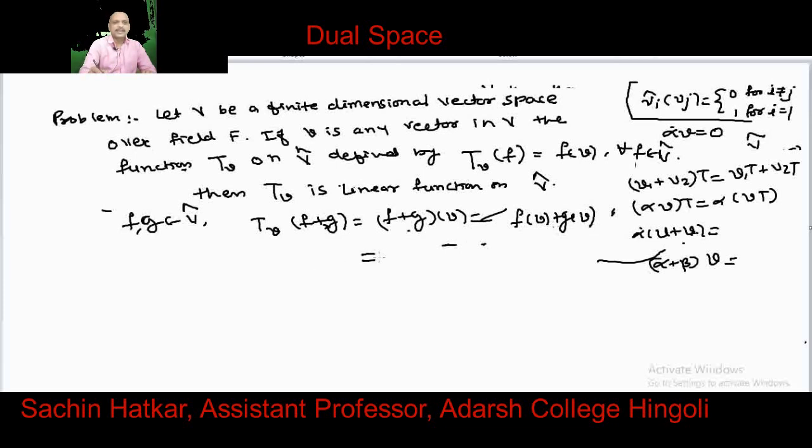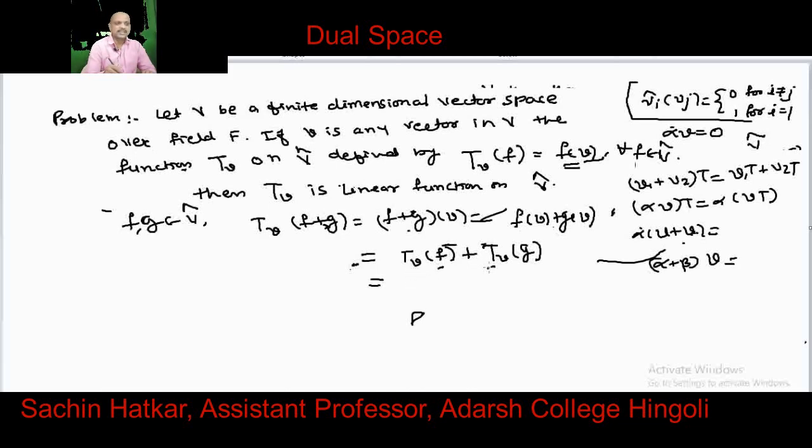You can see that F of V equals T suffix V of F, and therefore here we get T suffix V of F plus T suffix V of G. T suffix V of F plus T suffix V of G means that the condition T of V1 plus V2 equals T of V1 plus T of V2 holds.